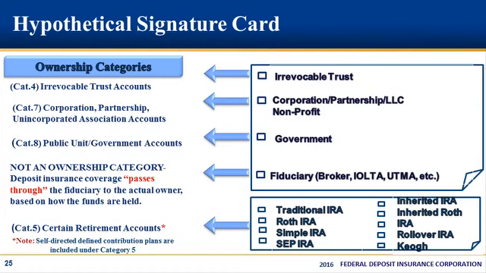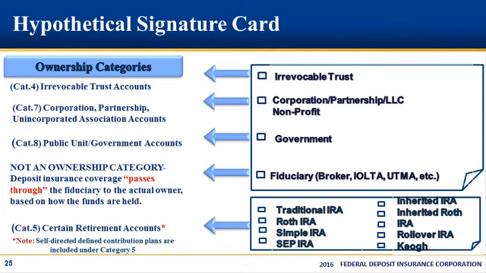Continuing with our signature card, somewhat less common than revocable trusts are Category 4 deposits, which are accounts linked to an irrevocable trust. Category 7 specifically pertains to business organization deposits, including funds that are owned by a corporation, partnership, or an unincorporated association.